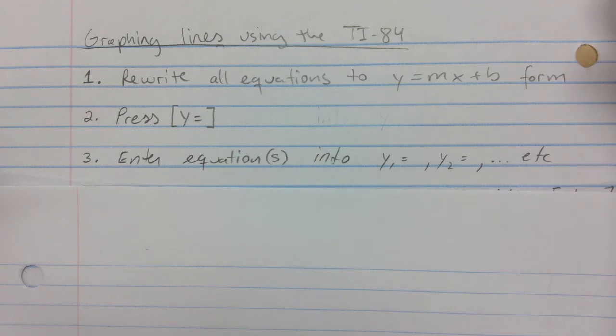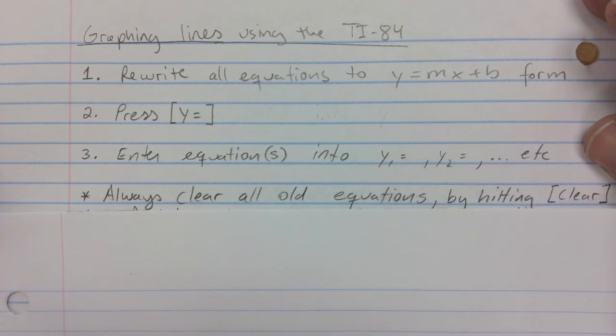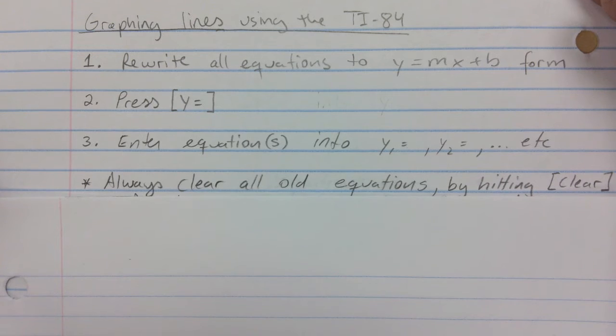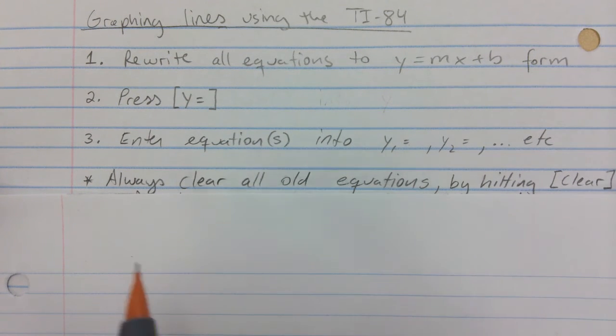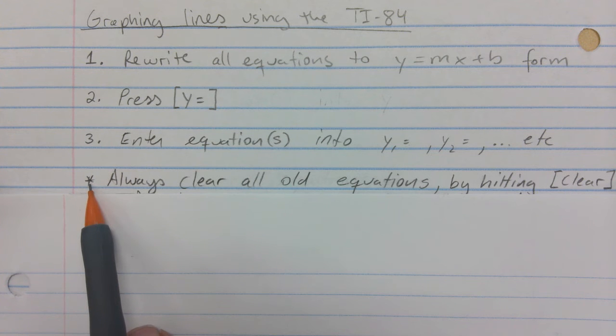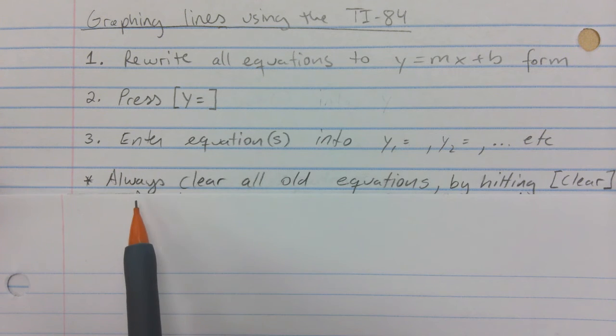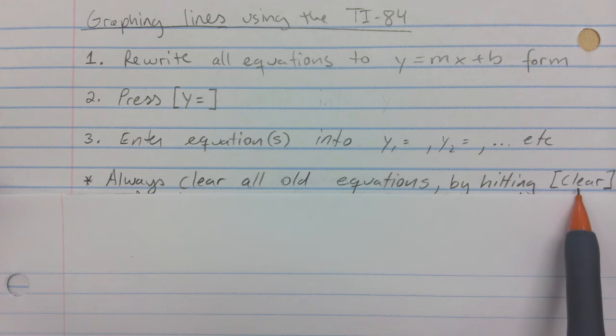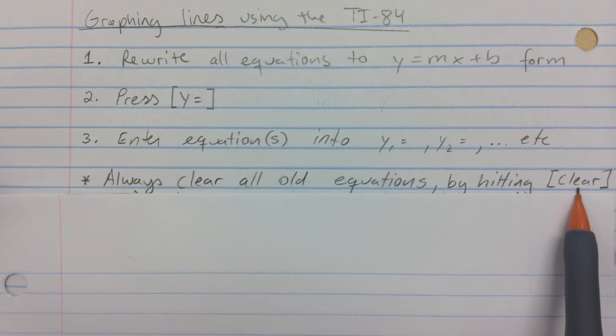So there's a couple of things. There are 4 things you need to account for. So there's going to be a bunch of stars here, okay? Asterisk number 1, always clear all old equations by hitting clear, okay?